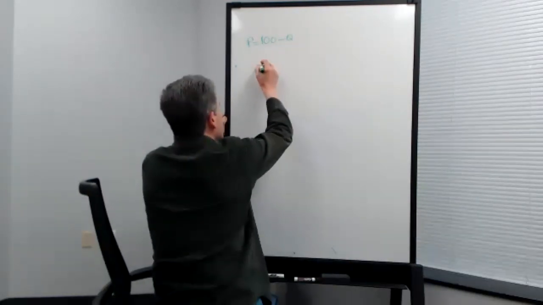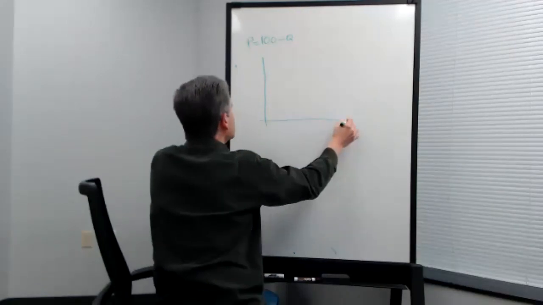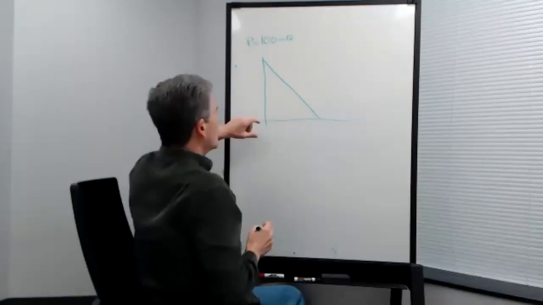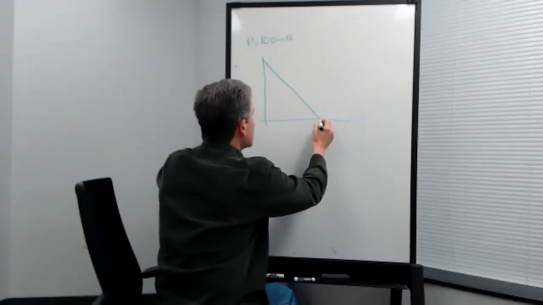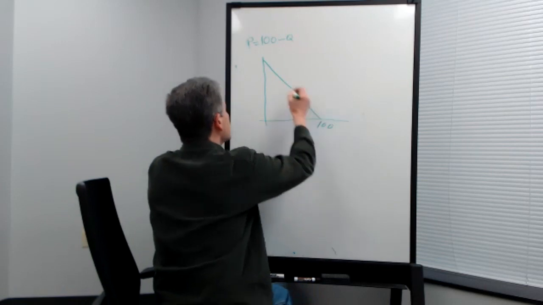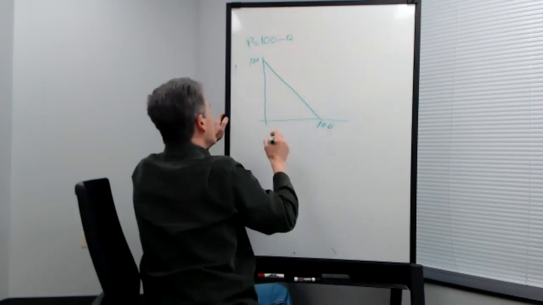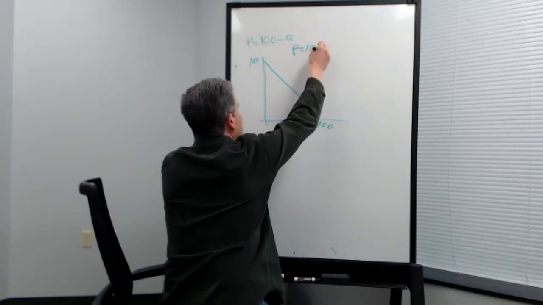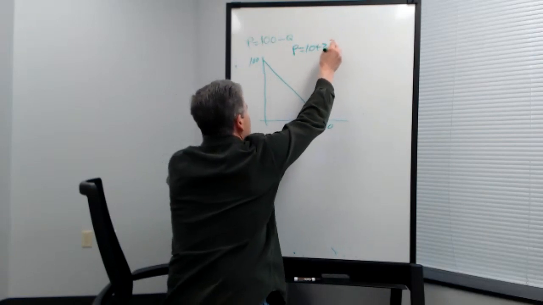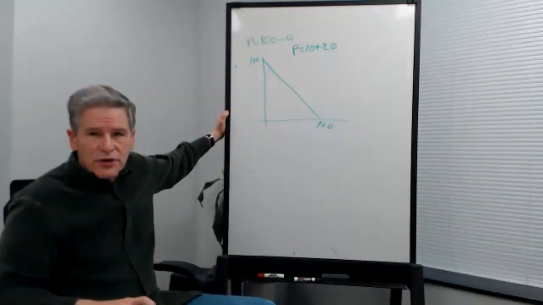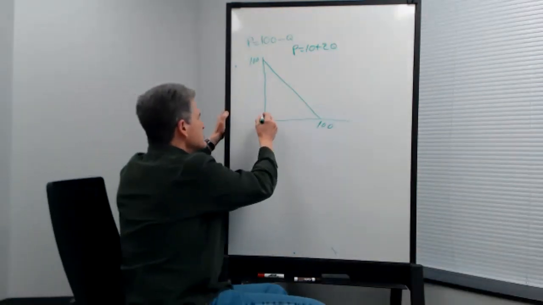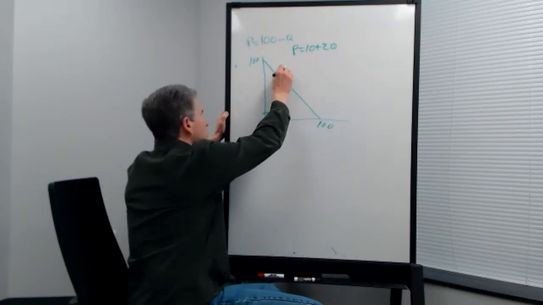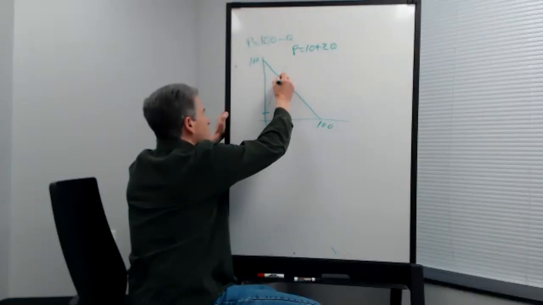Let's just say that's a demand curve, 100 minus Q, and this is going to be 100, and then I have a supply curve, and let's just say the supply curve is 10 plus 2Q. That means it's going to start here at 10, and it's going to have twice the slope of that demand curve, and they'll intersect here.